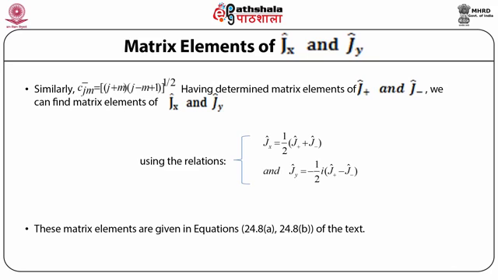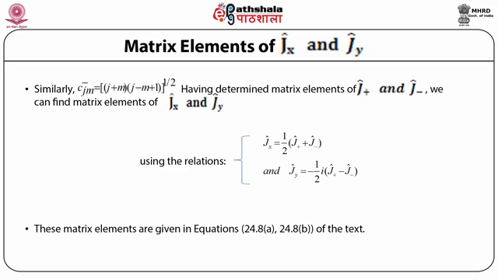So if we take the norm of these equations of operator J plus and J minus, that is the scalar product of J plus and J minus on both sides, and equate them, then what we find from the solution of these equations is that the constant C plus Jm is equal to, within brackets, J minus m into, within brackets, J plus m plus 1, whole to the power half.